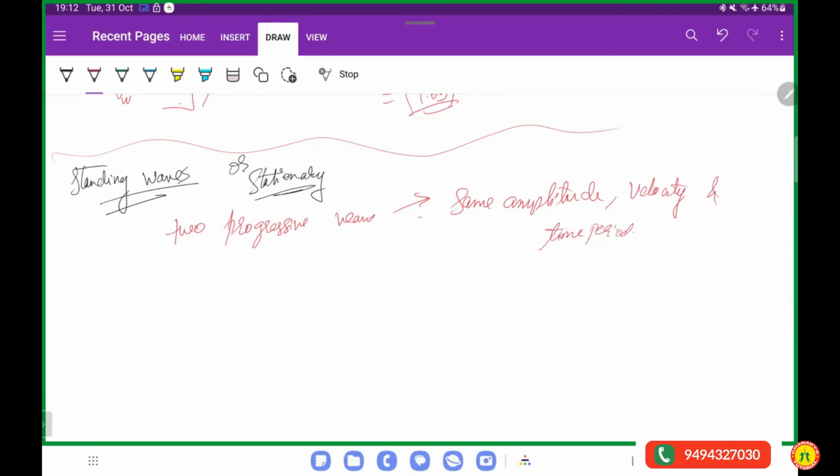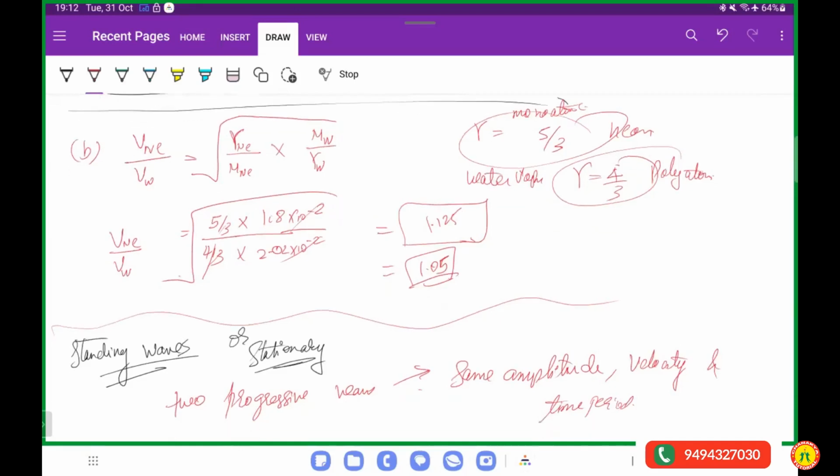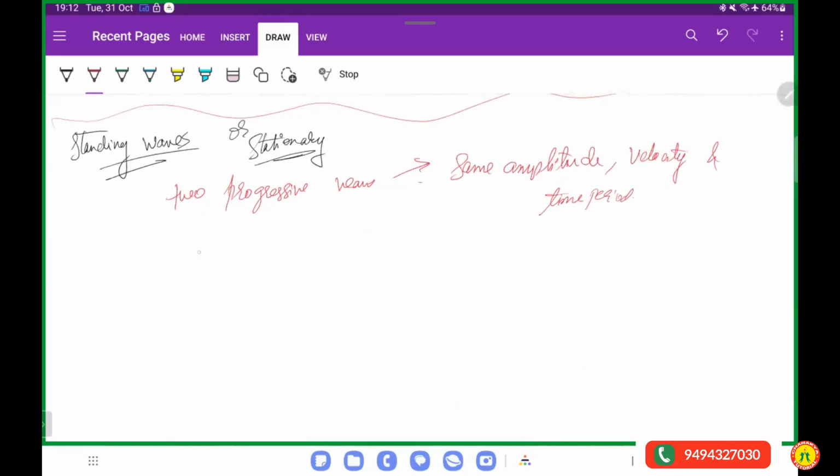Then what is the difference here? It is similar to our merging of waves. Just a very small difference, that is, they are traveling in opposite direction.